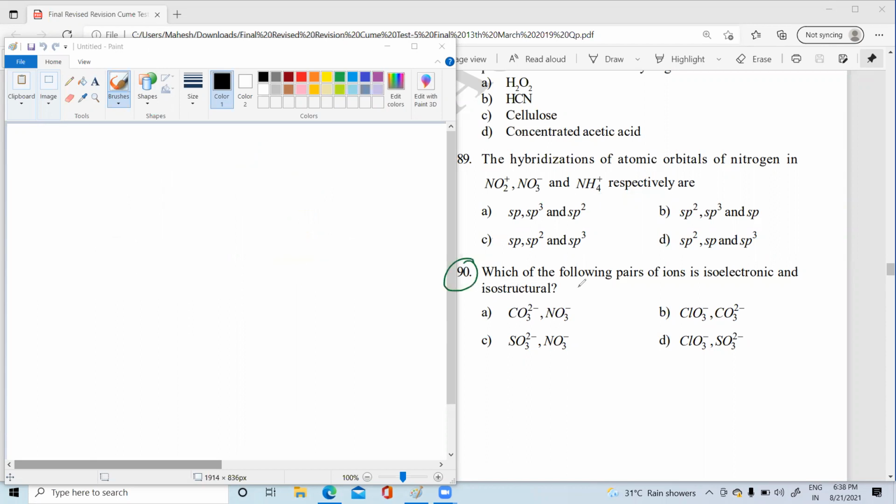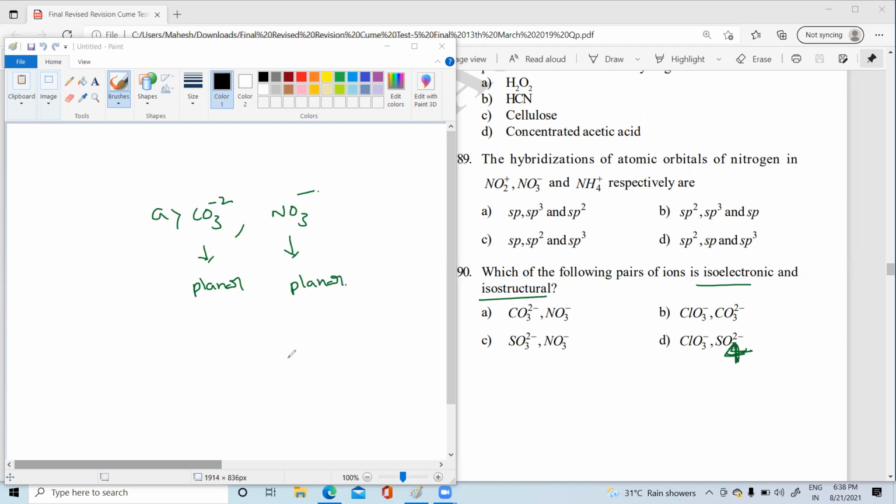So question number 90. Which of the following pairs are isoelectronic species? Here, students, this is SF4. This is SO4. Which of the following pairs of ions are isoelectronic as well as isostructural, students? Option A, we can check here, CO3 2 minus, NO3 minus. CO3 2 minus should have a planar structure, and NO3 minus also should have a planar structure, students.